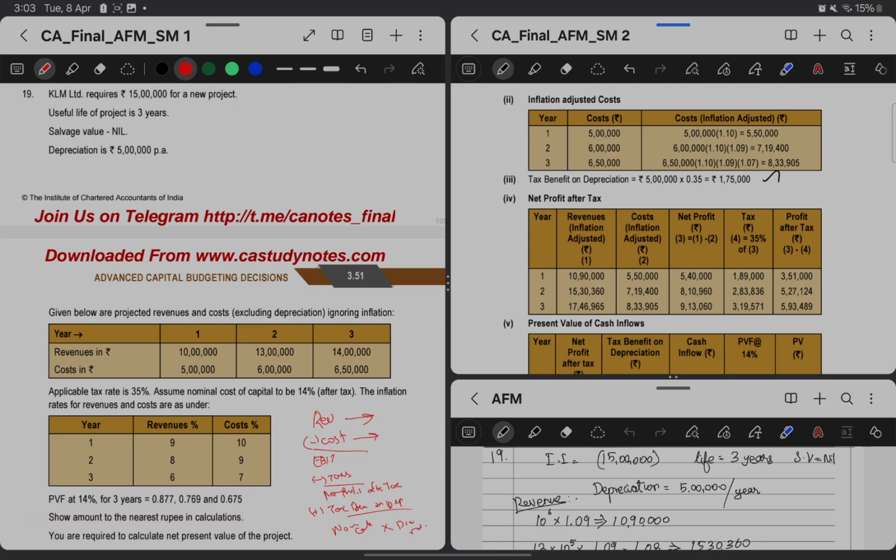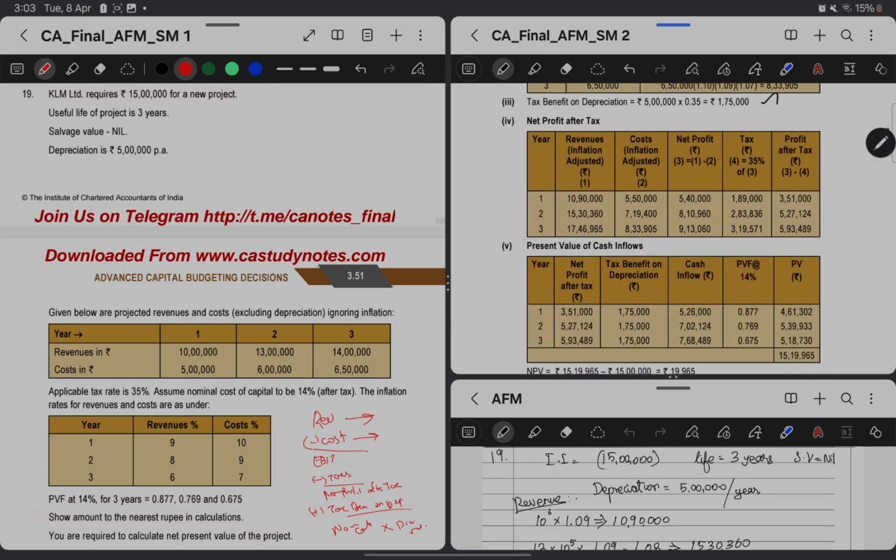Net profit will be revenue minus cost. We will get net profit, then tax 35%. If we reduce, we will get profit after tax. Then we have to add tax benefit on depreciation. We will get the total cash inflows, which is inflation adjusted nominal cash inflows.